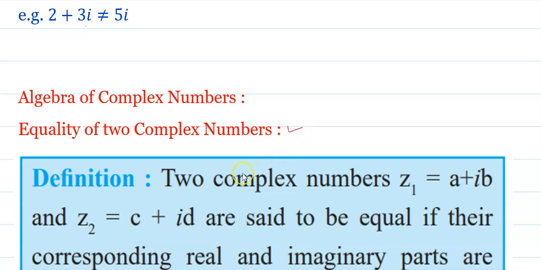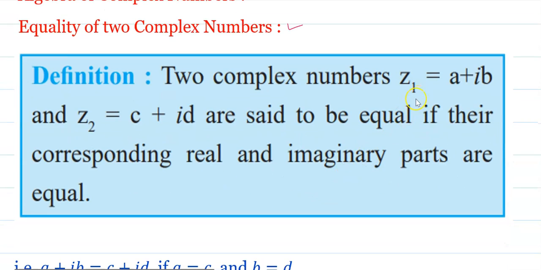When are two complex numbers said to be equal? Two complex numbers z1 equal to a plus ib and z2 equal to c plus id are said to be equal if their corresponding real and imaginary parts are equal, that is a is equal to c and b is equal to d. Then the two complex numbers are said to be equal.